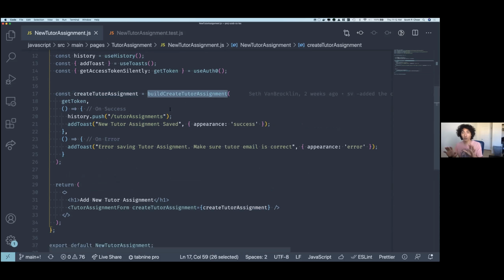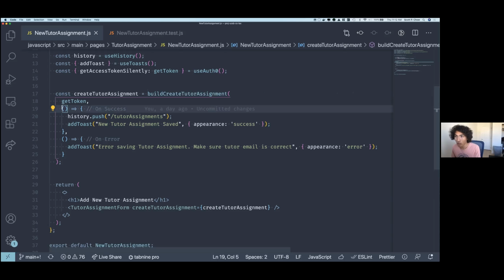There's a lot of things in motion here, but what I want to really point out is that there's two things required to build this function. You need an on success behavior and you need an on error behavior. More specifically, in the on success behavior, we notice a history.push.